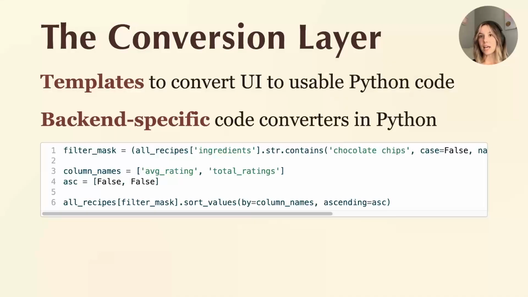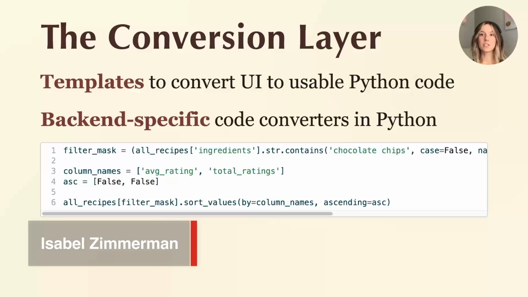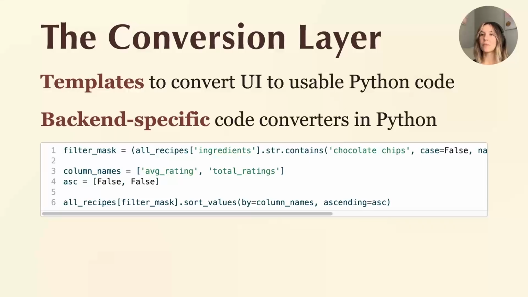So this conversion layer is all written in Python. It ingests all the information, all that JSON that we got from the Jupyter Comm, and it puts it into these code templates. These templates are just classes that do a bit of string manipulation, as well as delegating different tasks to a pandas or a polars backend, depending on what type of data frame the user is using.